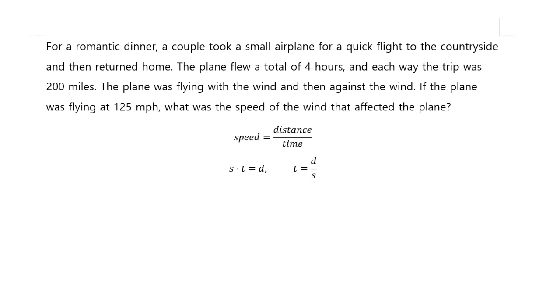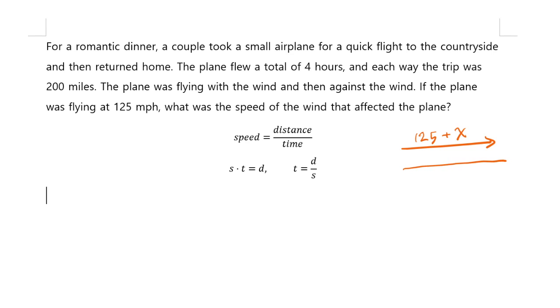And if you read the question, you see that there are two kinds of speeds involved. So when you're going to someplace, the speed was 125 miles per hour plus the wind speed. I don't know, let's just say x.